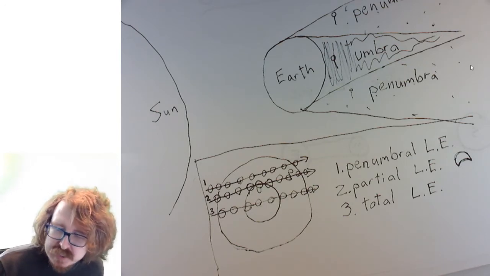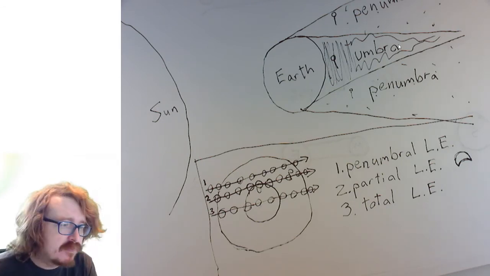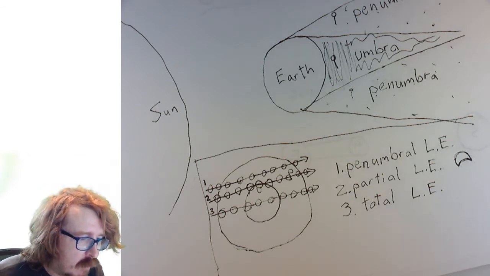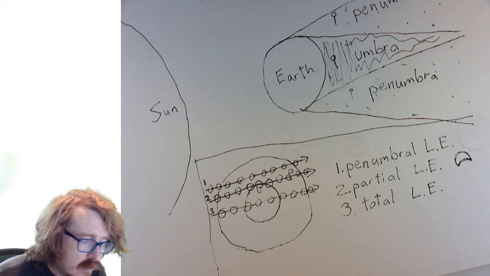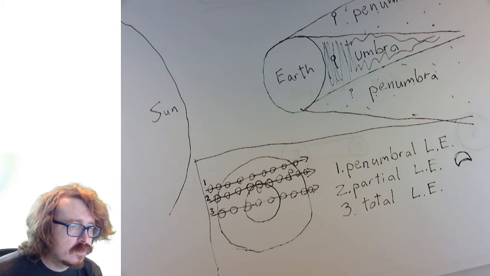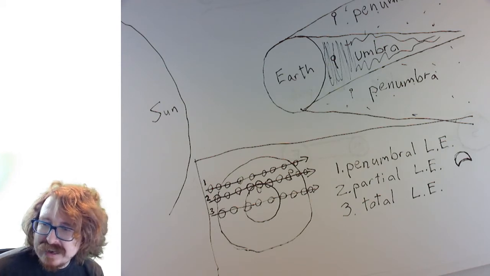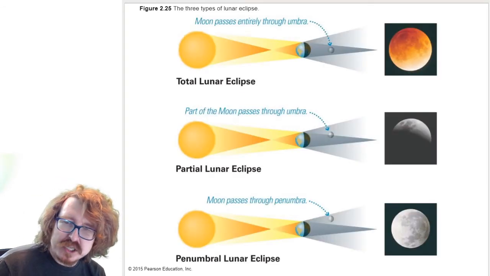No, it doesn't. How does the moon look during that total lunar eclipse? I actually have a picture of one from your book. See if I can find it. Yeah, it looks reddish.